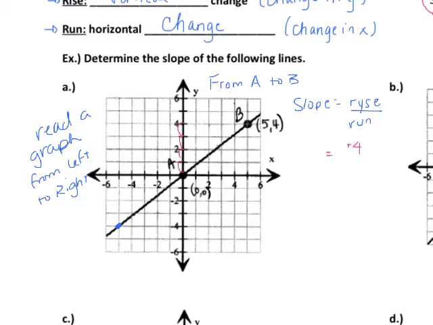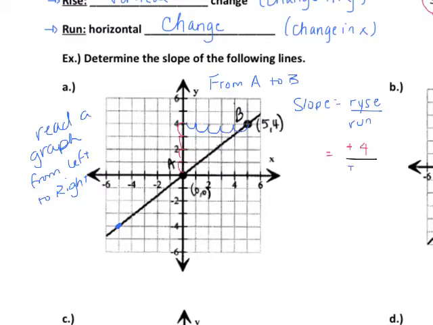Then I've got to get over to the other part of B, so I'm going to run 1, 2, 3, 4, 5. To get from point A to point B, I go up 4 and to the right 5.